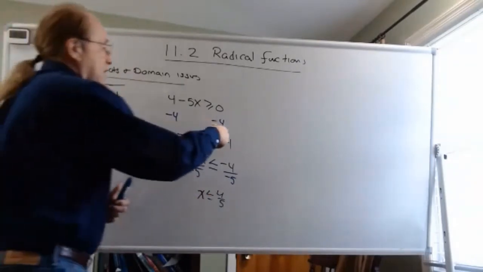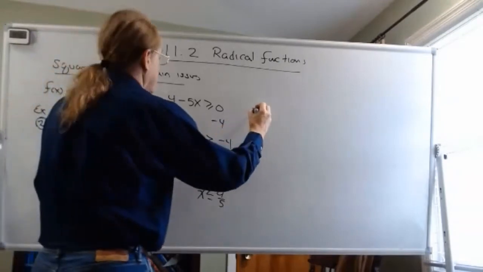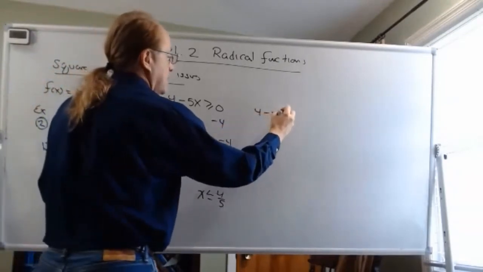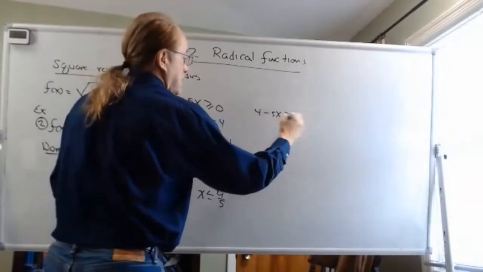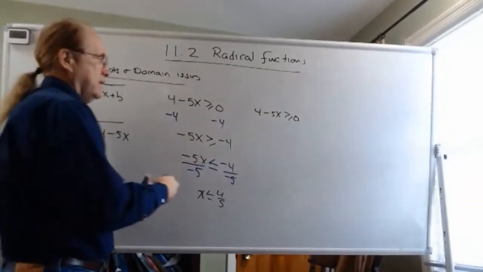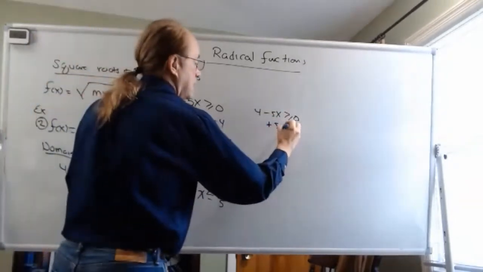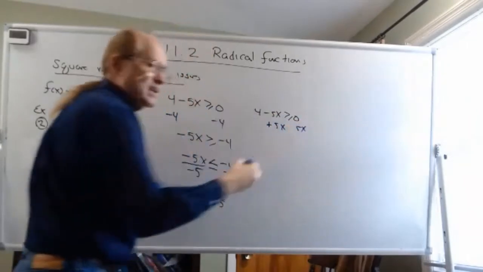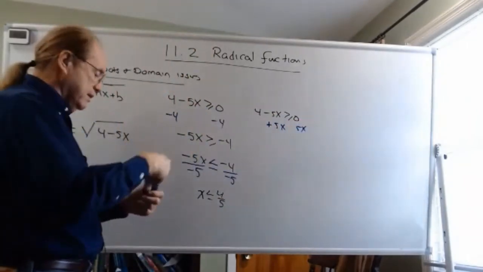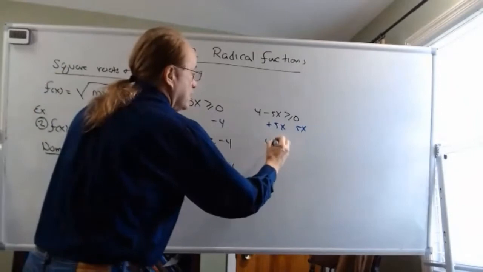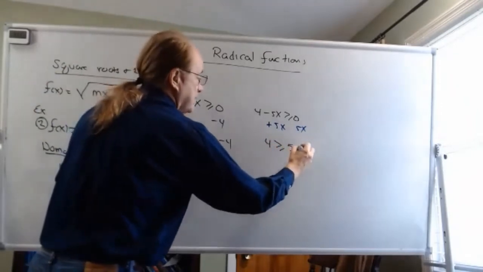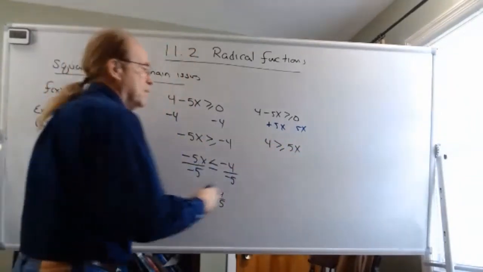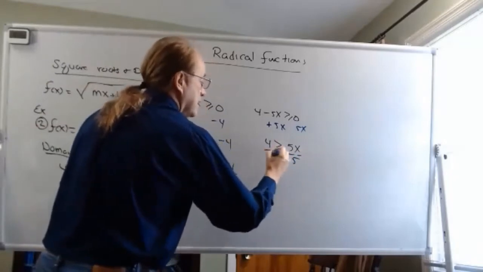Now, what's the other way? Well, the other way I could have done it is add 5x to both sides. This is going to avoid dividing by a negative and switching the inequality. And I get 4 is greater than or equal to a positive 5x. Then I divide both sides by 5.